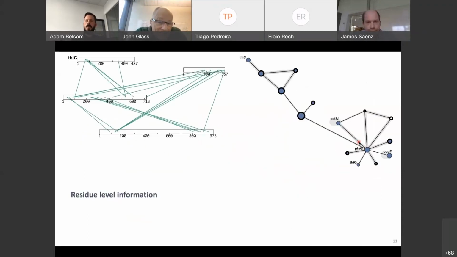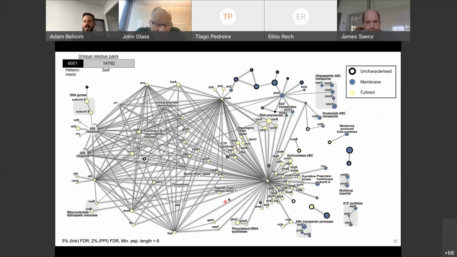Yes. So we see these hub proteins in the cytosol, and these seem to be cross-linking to everything. So here we have TIF-A. TIF-A is cross-linking basically everywhere.